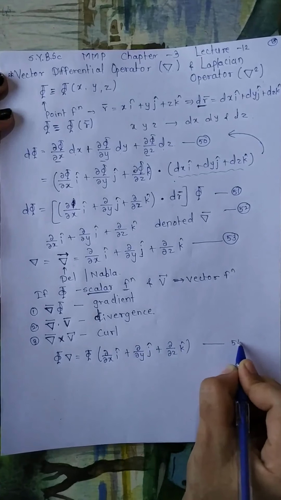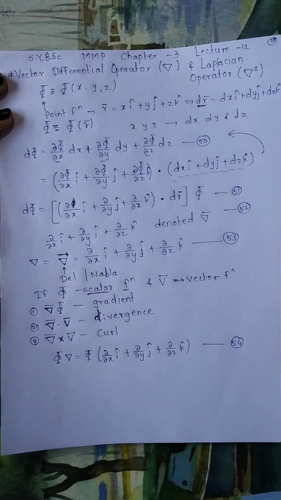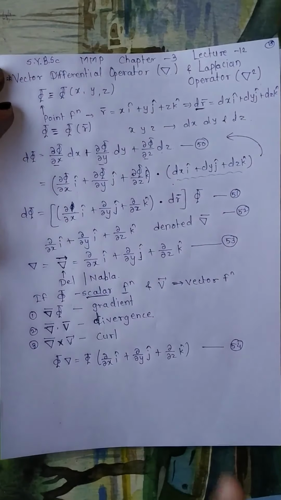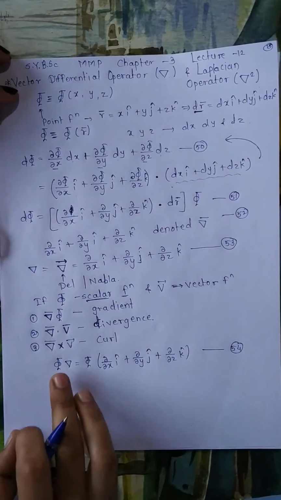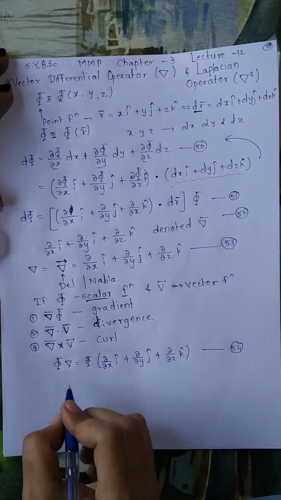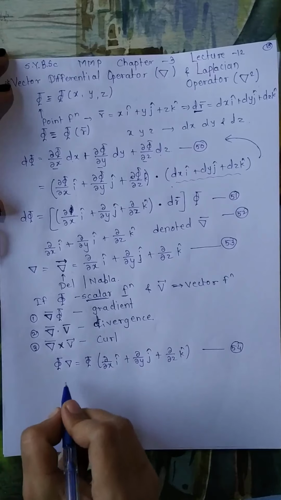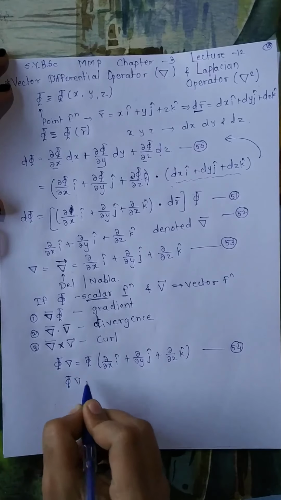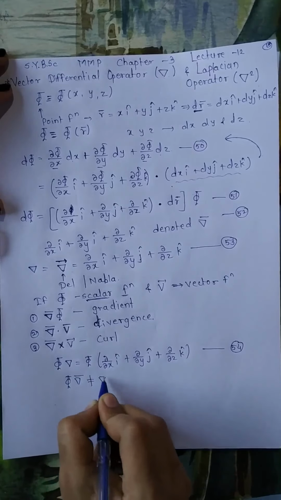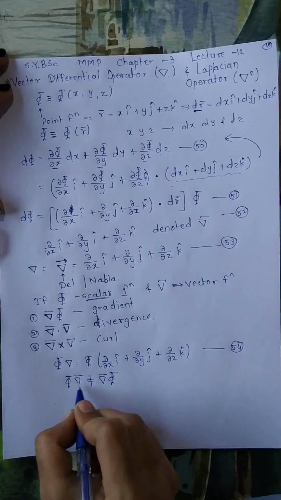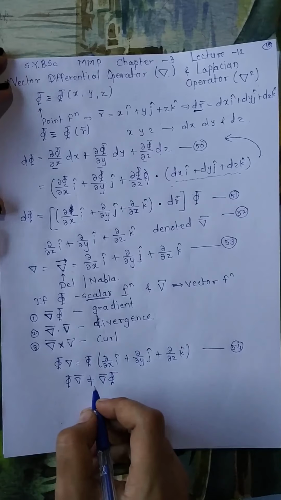So when we multiply a function on the left side of del, it just remains an operator, and phi del is not equal to del of phi. So these both are not equal.